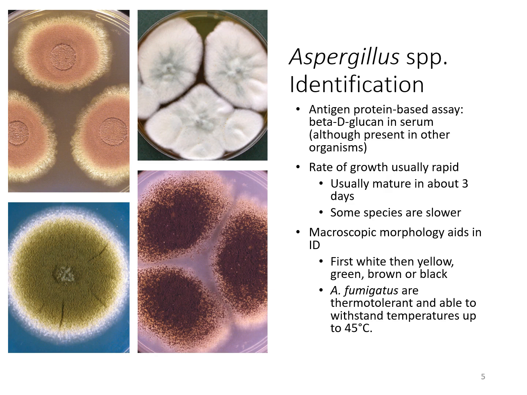The macroscopic morphology can aid in identifying the species of Aspergillus based on the color of the colony. Aspergillus fumigatus is a thermotolerant organism, so it's able to withstand higher temperatures, up to about 45 degrees Celsius.